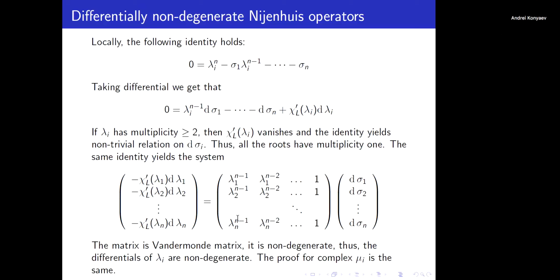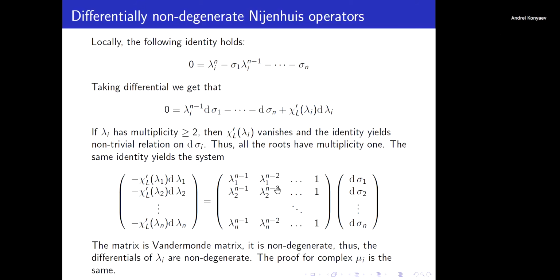This is a famous Vandermonde matrix. If you did linear algebra, I'm sure you calculated the determinant of this matrix. It is basically the product of pairwise differences lambda i minus lambda j, with some sign, I think, and it is usually proved by induction.